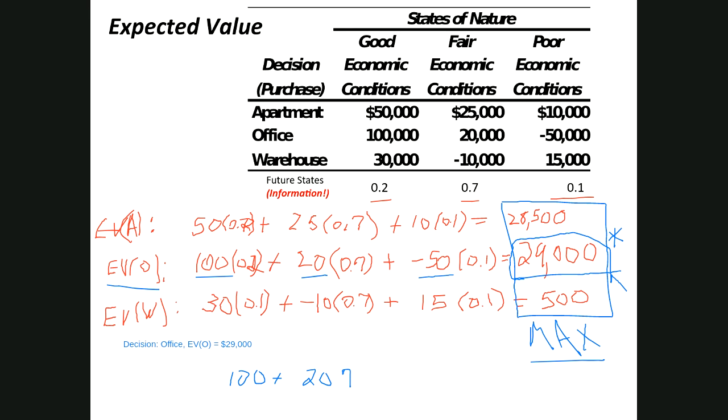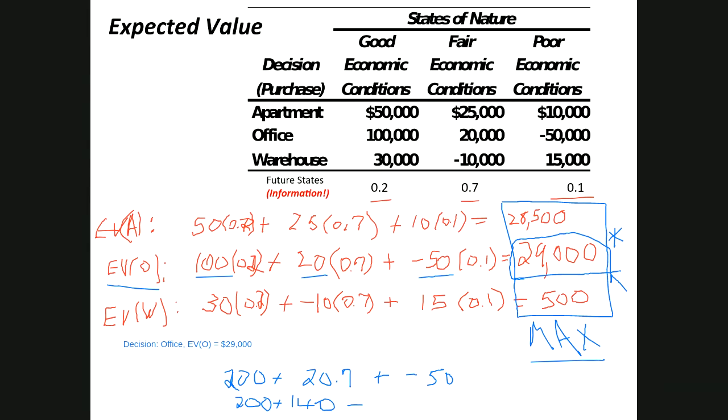And so instead of returning 100,000 once, you would return it in 2 cases, which is 200,000. You would get $20,000 on 7 of those investments, and you would lose 50,000 on one investment. This is 200,000 for the two times the economy was good, plus 140,000 for the times that the economy was fair.